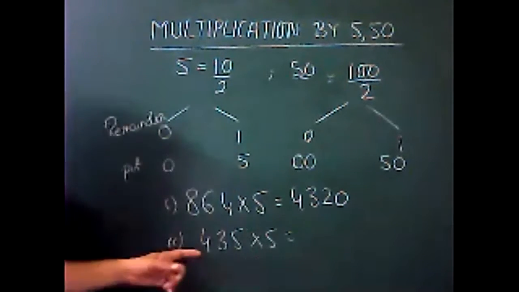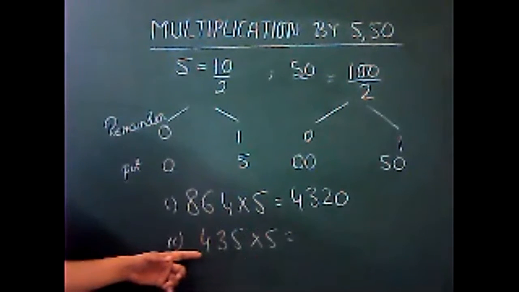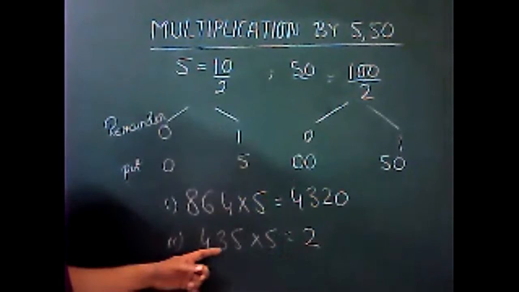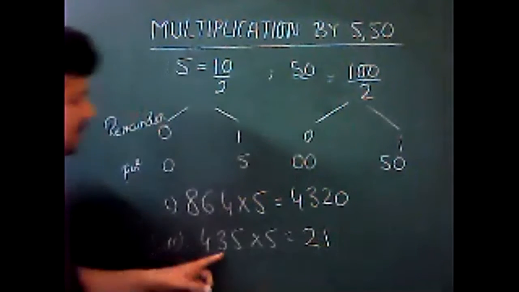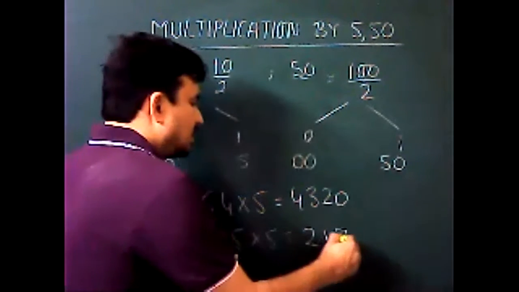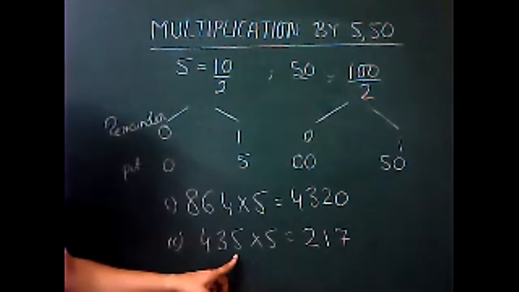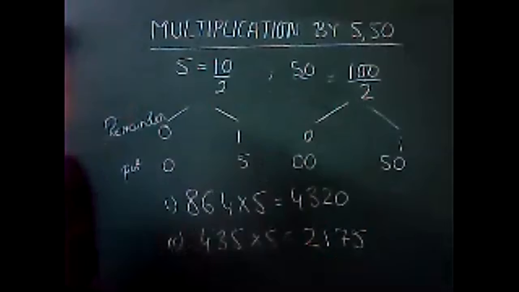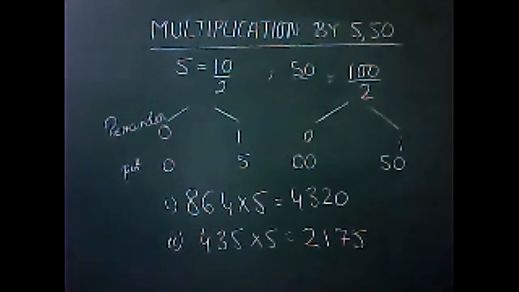So when I divide this number by 2, I'm going to get 2 as the first digit. 3 divided by 2 is 1. Now 15 is remaining. 15 divided by 2 is 7, and the remainder is 1. When the remainder is 1, you put a 5 at the end.